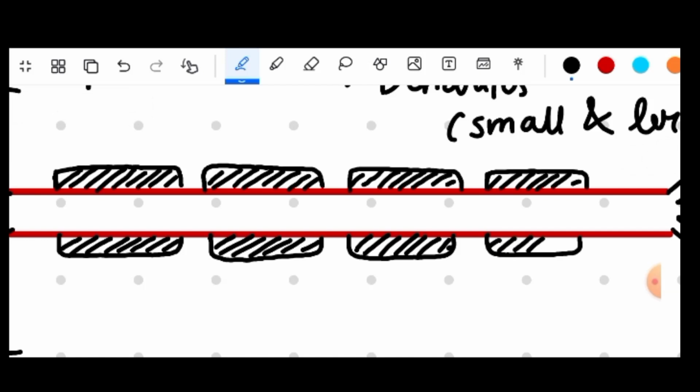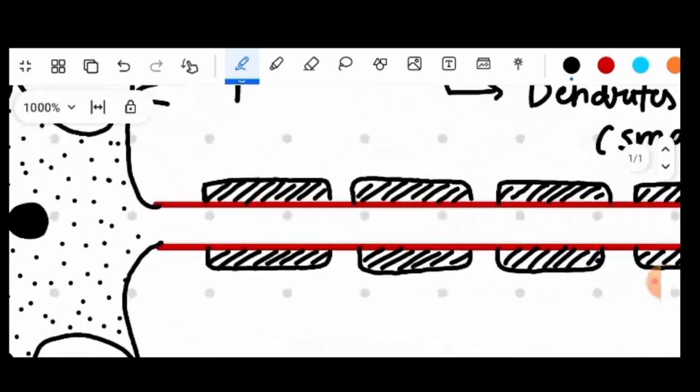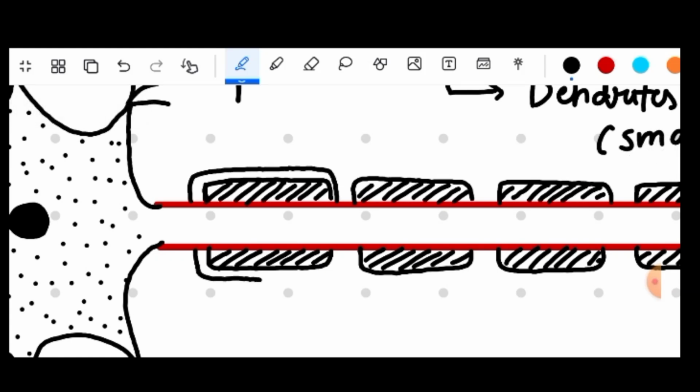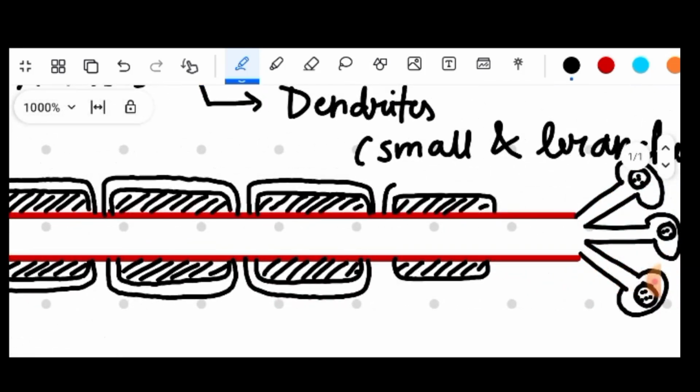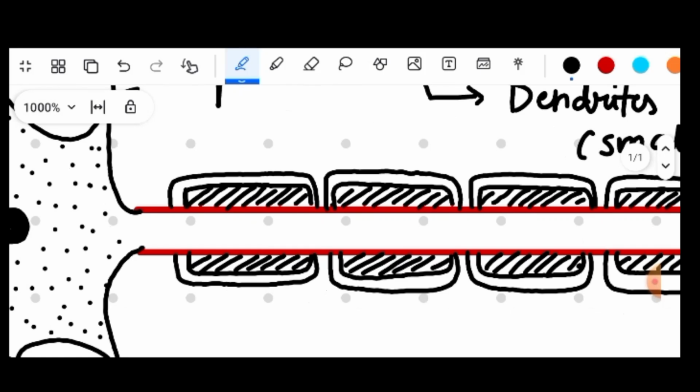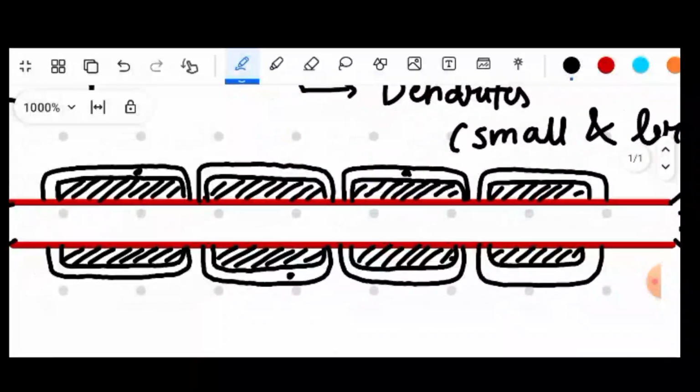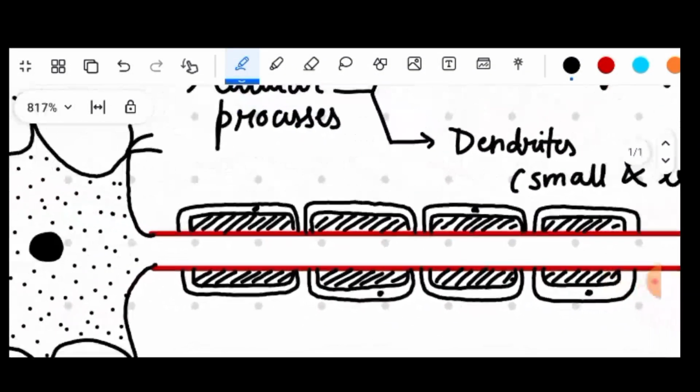It will look good actually. And over the myelin sheath, we will show the Schwann cells. Obviously they're cells, so they have a nucleus. And over this entire structure we have the neurolemma.